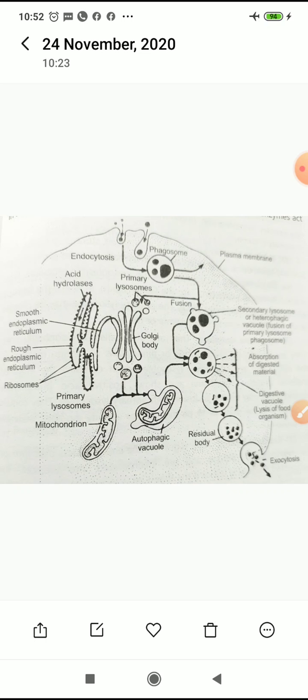If enzymes of lysosome were released in the cell, they could digest the cell, and this fear is not there because of these substances which have higher molecular weight, so they remain inside the lysosome structure and do the process of digestion or detoxification there only.